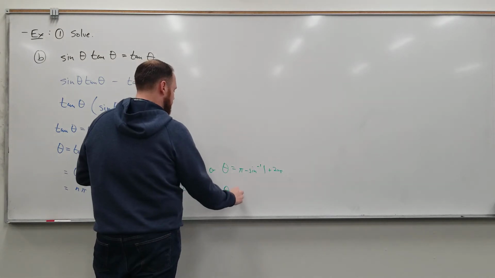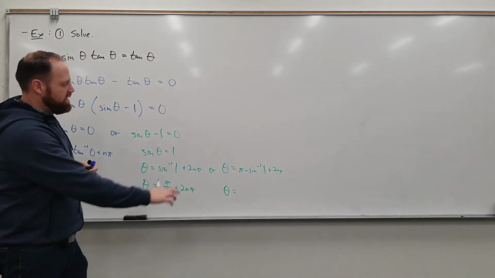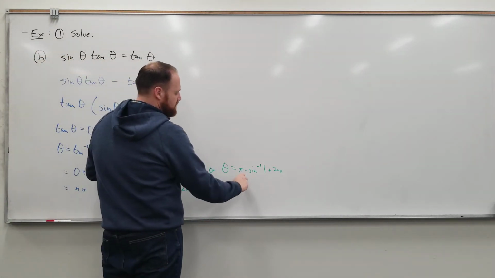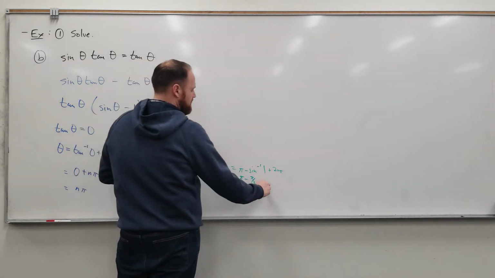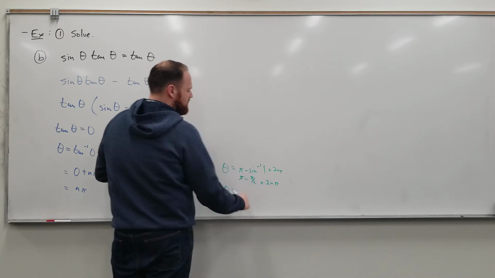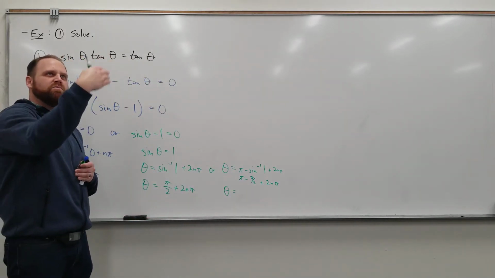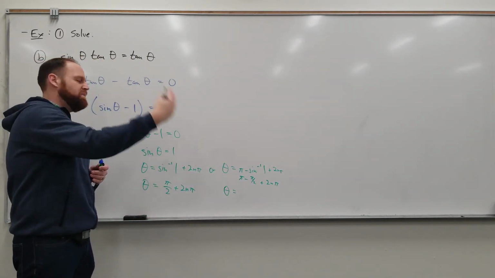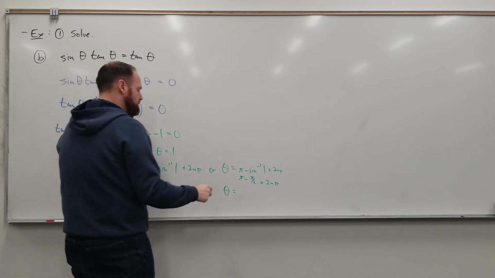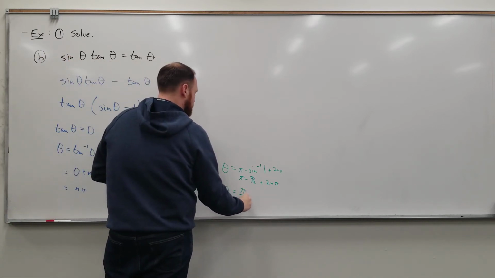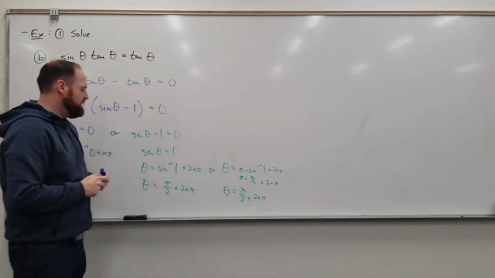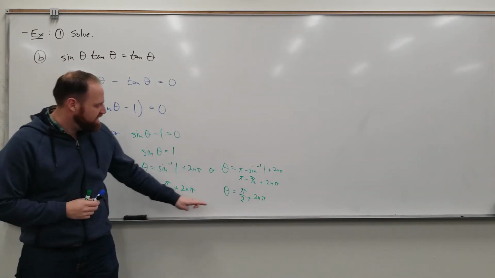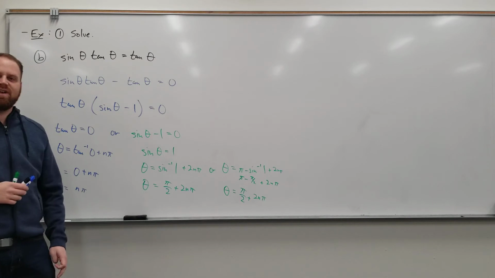Or theta could be pi minus pi over 2, plus 2n pi. Well, pi is 2 pi over 2, and 2 pi over 2 minus pi over 2 is just pi over 2. Isn't that interesting? You get exactly the same set of solutions on those two.